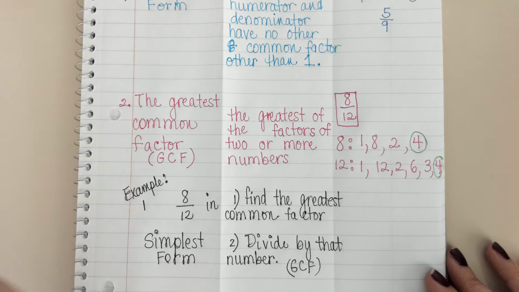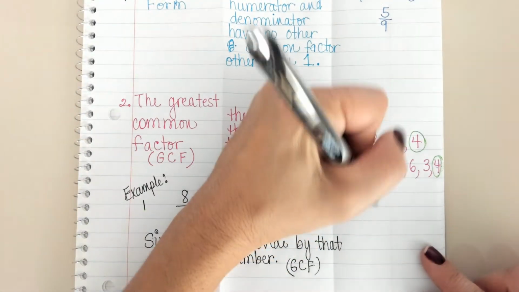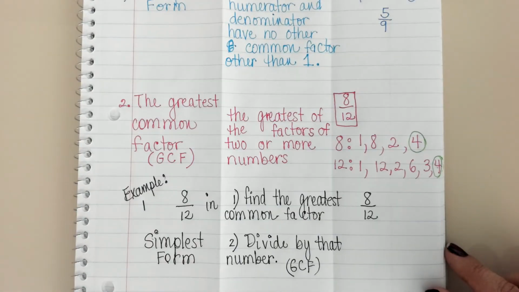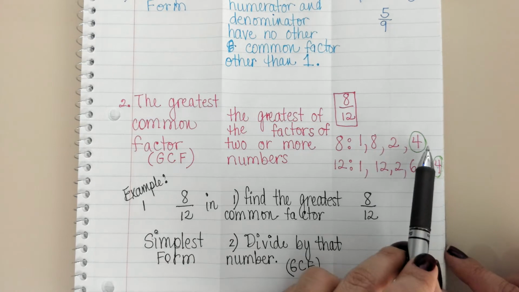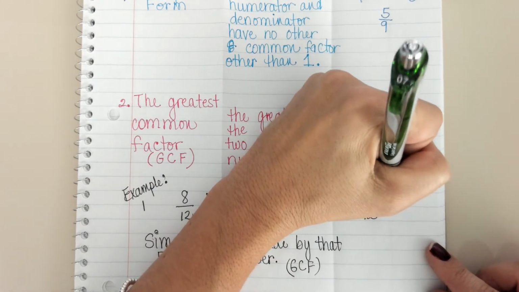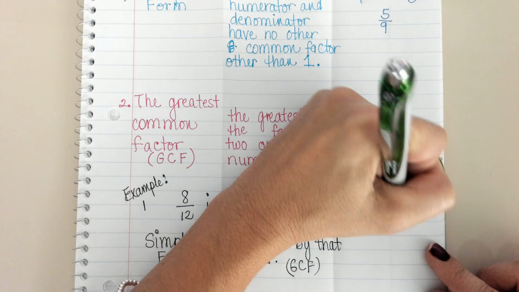And so we already did part 1. Part 2, you're going to write 8/12, and we're going to divide by this greatest common factor in the numerator and the denominator.